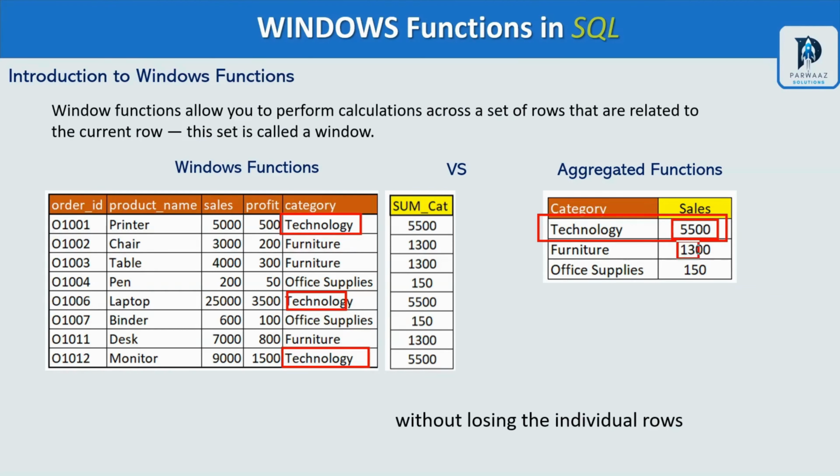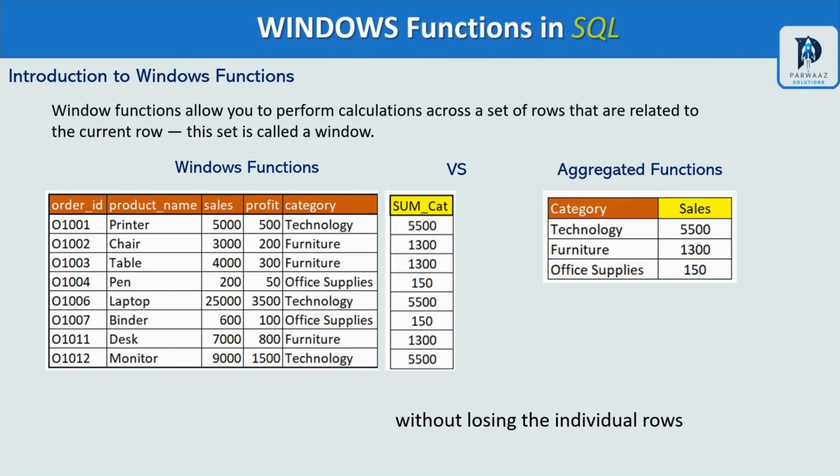Same for furniture. Even though we have 3 rows for furniture, they are collapsed into 1, and same for office supplies. As against that, a window function will give me the same value against each row without collapsing, without losing individual rows. So that is the basic difference between window functions and aggregate functions.